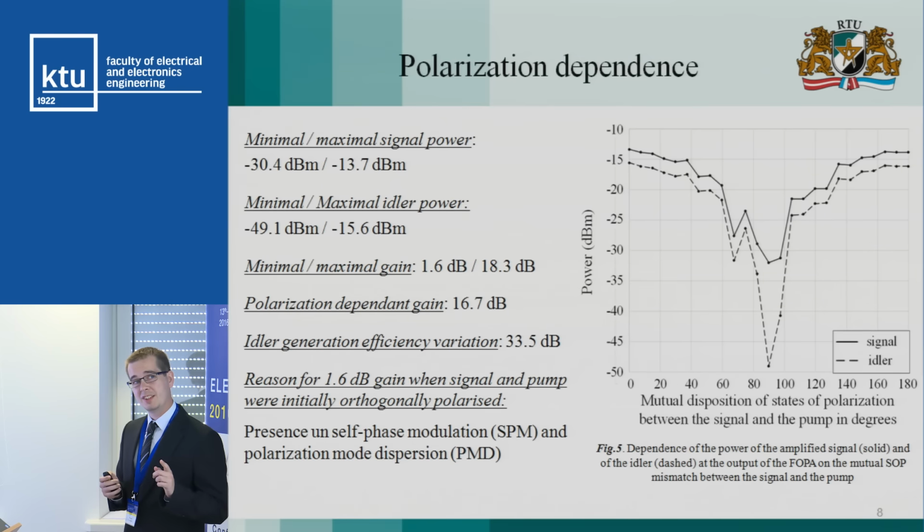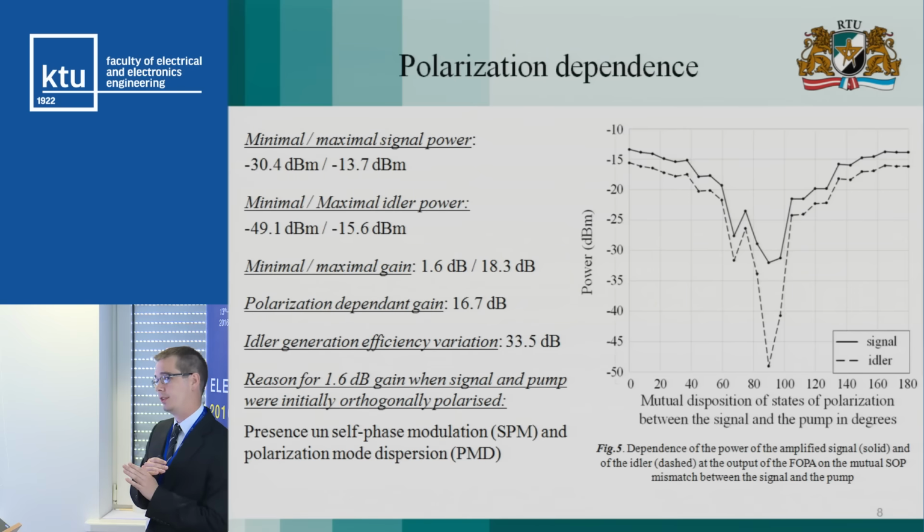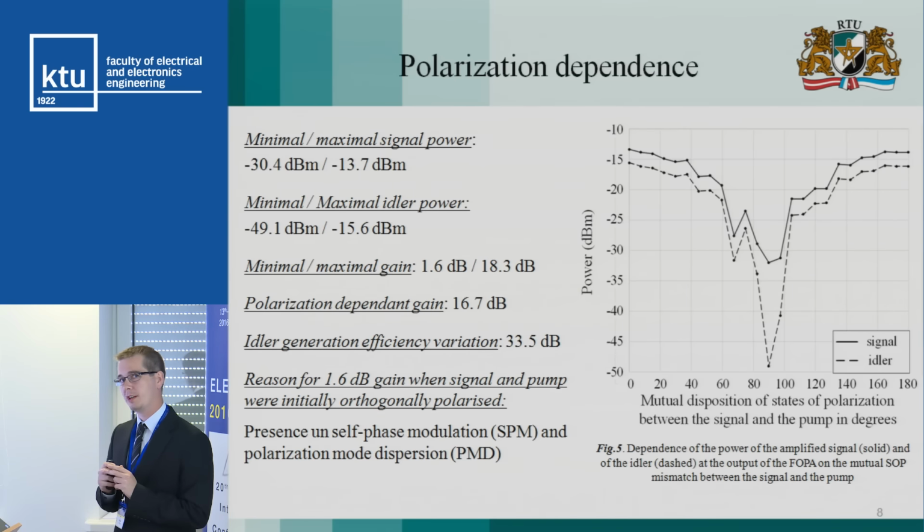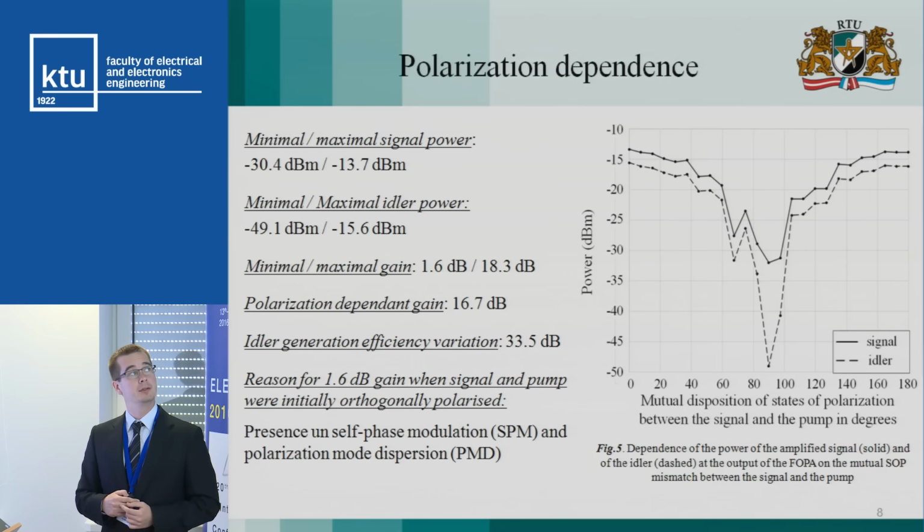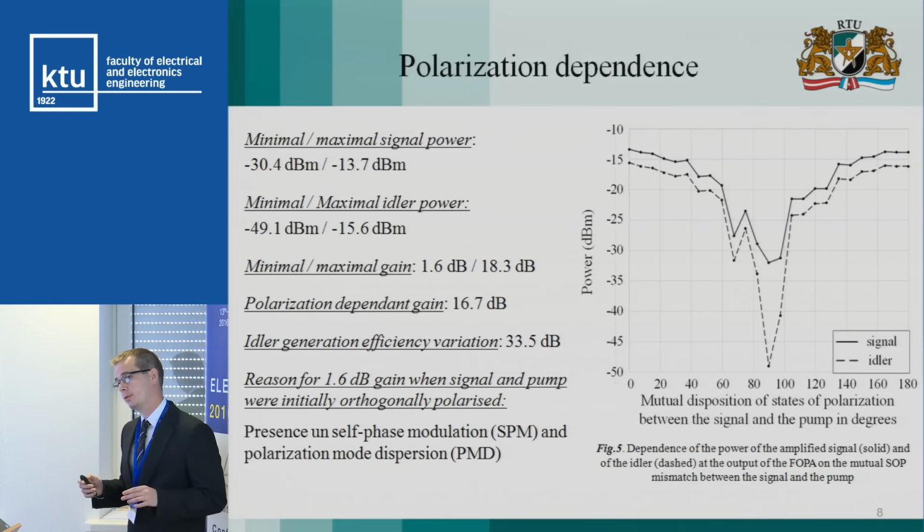The interesting thing is that theoretically, when the pump and the signal were orthogonally polarized, we shouldn't have observed any amplification at all, and the idler should not have been generated. But actually, in this case, we observed 1.6 decibel amplification, and an idler with power of minus 49.1 dBm was observed. This can be explained by the presence of self-phase modulation, nonlinearity, and polarization mode dispersion inside the highly nonlinear fiber while the signal is propagating along with the pump.